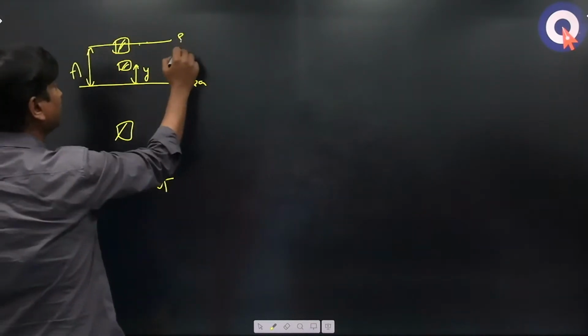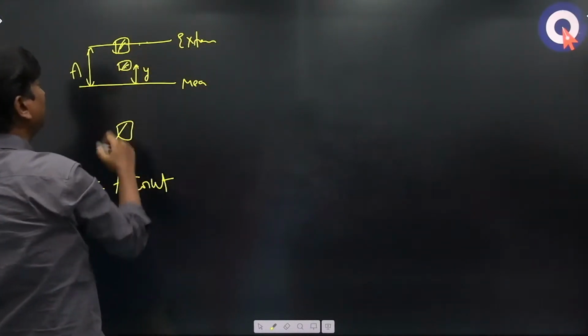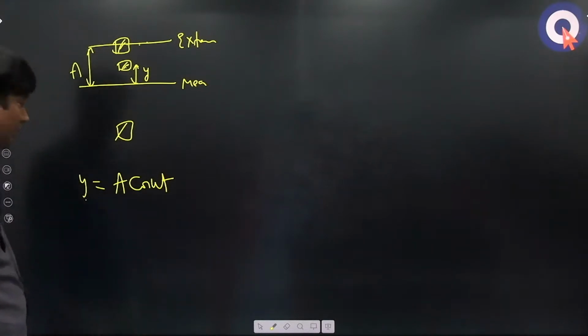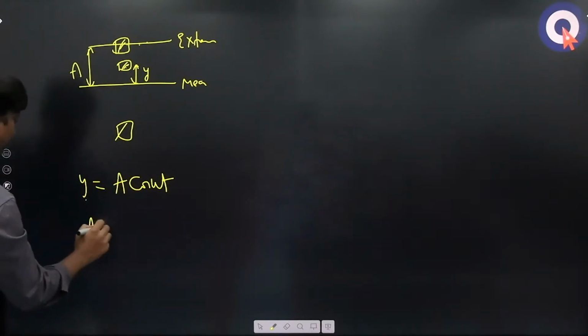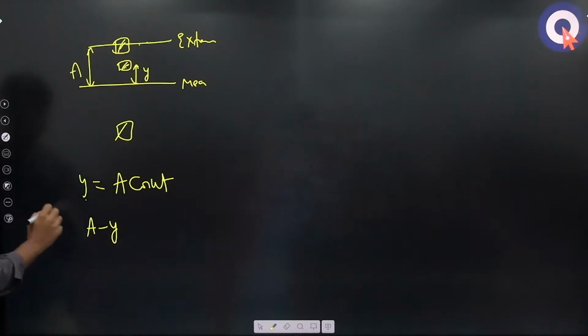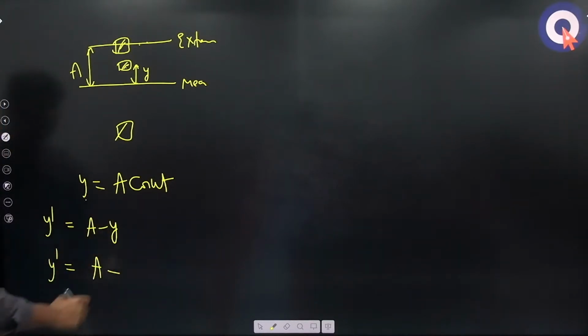It means A minus y. So from the extreme position, I will write A minus y as y dash. So this y dash is equal to A minus y, which is nothing but A cos omega t.